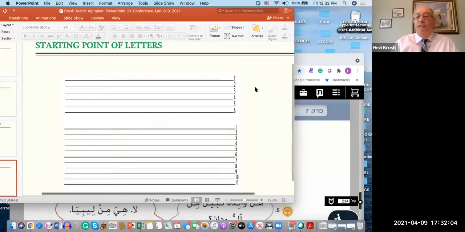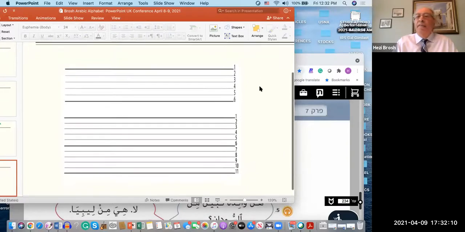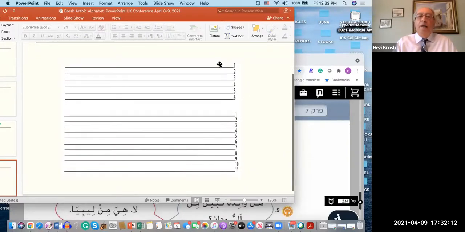So I know that Arabic usually is written on blank pages, but at the beginning phases, I thought I will use a staff with 6 lines to teach them how to write the letters correctly, where to begin, how to proceed, and where to end.